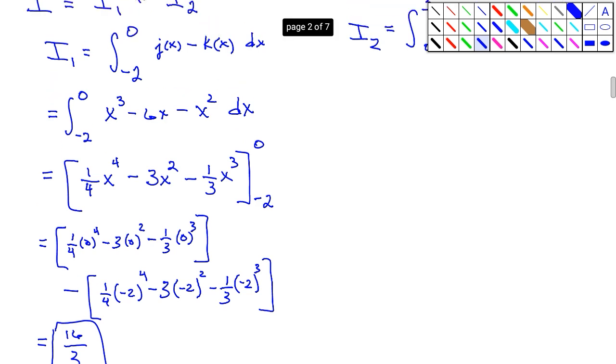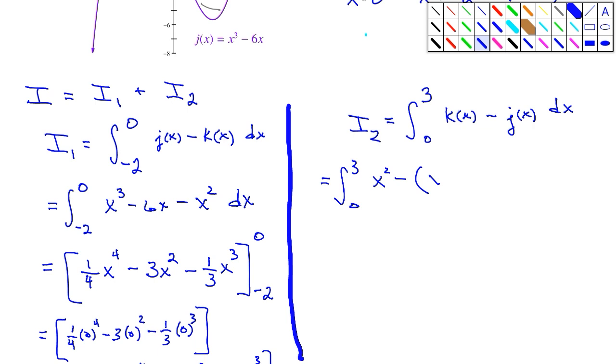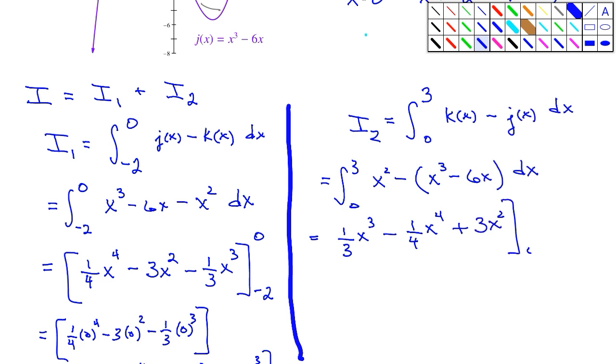Let's take a look at I2. This is going to be equal to the integral from 0 to 3 of x squared minus x cubed minus 6x dx. And that is 1/3 x cubed minus 1/4 x to the 4th plus, because the negatives distribute, 3x squared. All of that evaluated from 0 to 3.